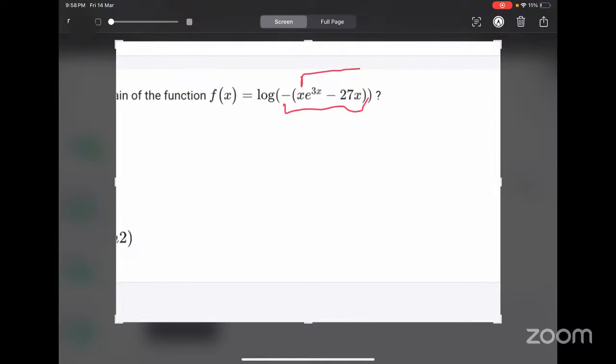Hence this has to be negative, minus of this, because this is positive means minus of this is negative, right? So x e power 3x minus 27x is something negative. Is it fine? Yes, ma'am. Then we can take x as common, so we will get this.